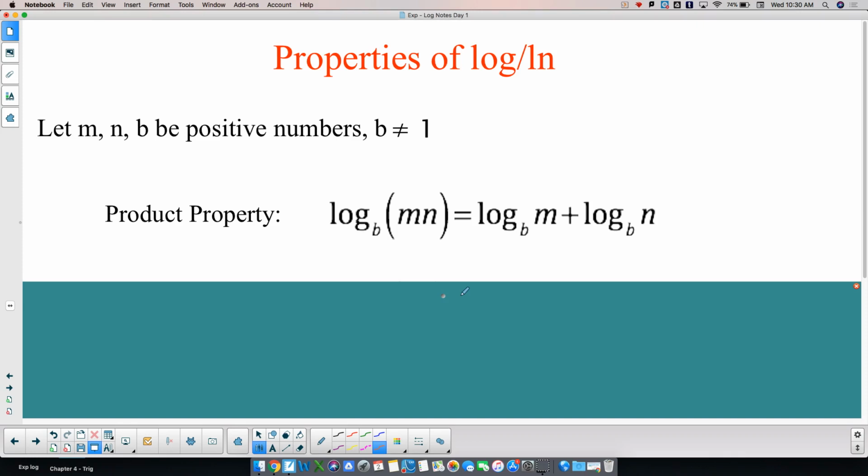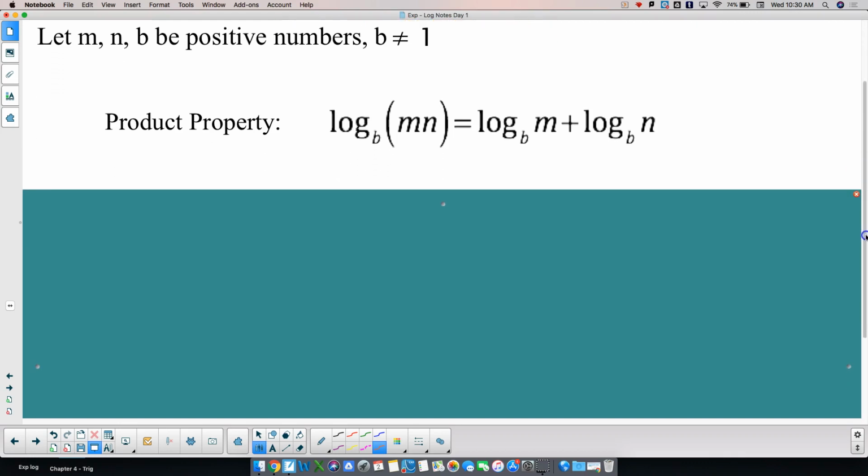The product property says that if I am multiplying 2 things in a log, I can break that up into 2 separate logs. Or if I'm multiplying 3 things, I can break that up into 3 separate logs. All with the same base.